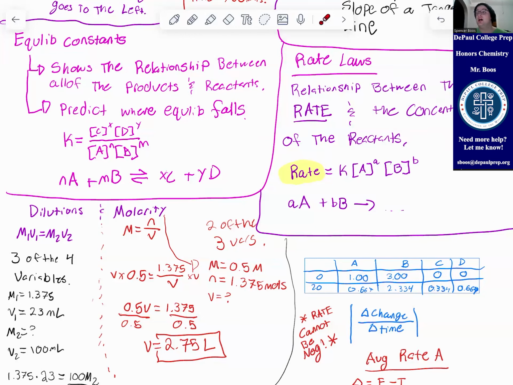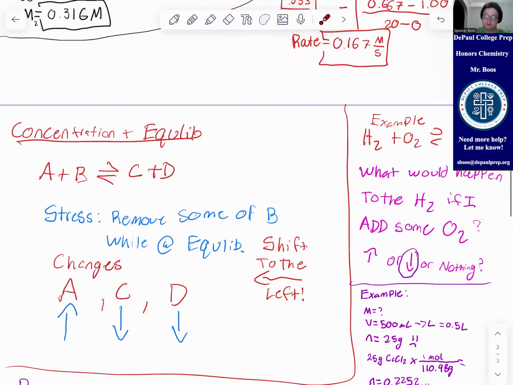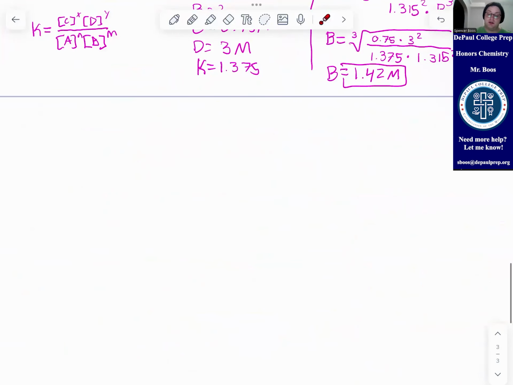Can you go over the common mistakes with equilibrium? Sure. There are quite some big potholes that you can fall in, unfortunately. Mistakes with equilibrium.